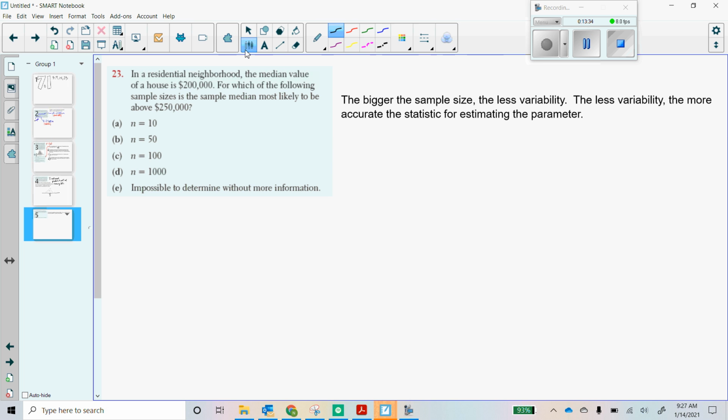I know there's not a lot of information in this problem, but the key is the bigger the sample size, the better. Since this is so far off from 200,000, I'm going to choose A just because that's the smallest sample size. If I'm only doing a sample size of 10, it's possible that one of the ones in my sample could really throw it off. Well, sorry, this isn't mean, it's median. So still, I could accidentally randomly choose 10 that were way above the true median. But if I randomly chose 1,000, then the median should be pretty accurate.